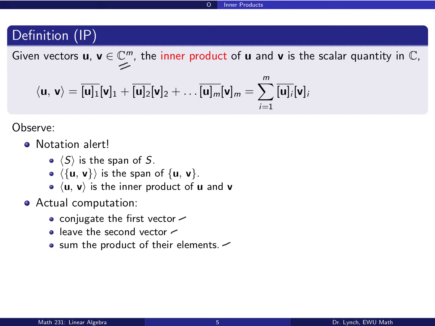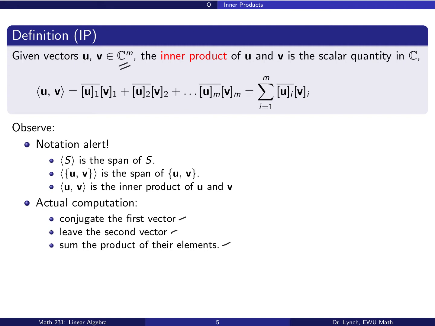Okay, I want to point out a little notation alert here. We've seen these angle brackets before. Angle bracket S, where S is a set of vectors, is the span of that set of vectors, right? All possible linear combinations. Similarly, if we have explicitly the vectors, say u and v, then angle bracket set of vectors u, v is the span of those vectors u, v.